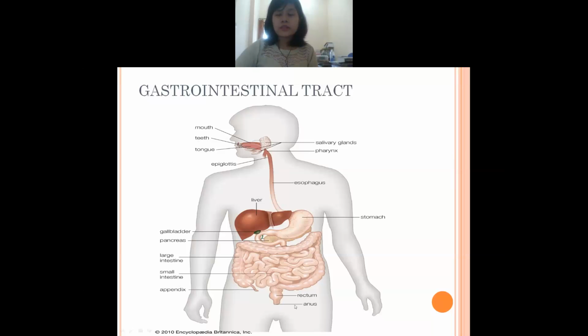Anus. Okay, don't say rectum. Because from the anus, what happens? The stool comes out or not? Stool comes out or not from the anus? So you have to say from mouth till anus. Understand? Yes, ma'am. Okay, continue.